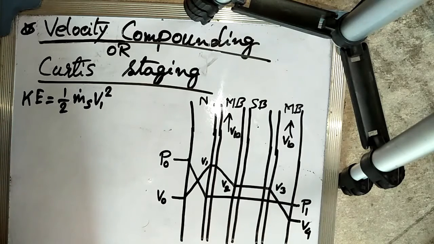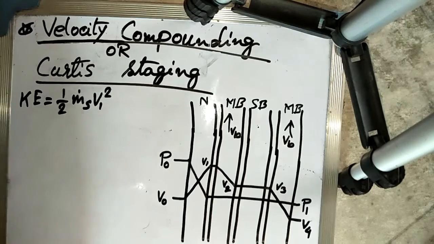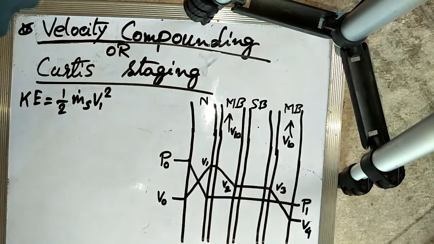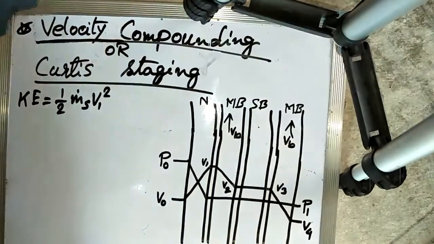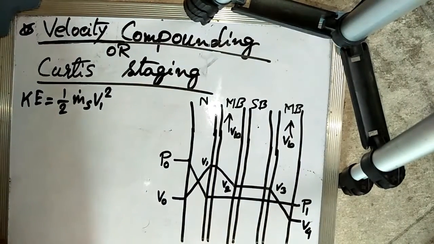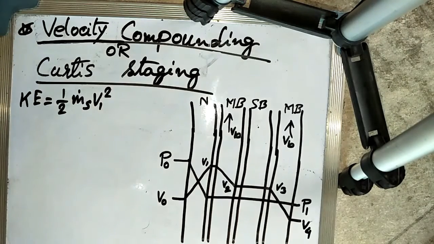The steam with high kinetic energy exiting the nozzle works on the first row of moving blades and gets deflected by the first row of guide blades. Then it works on the second row of moving blade and again gets deflected by the second row of guide blades, and finally does work on the third row of moving blade.